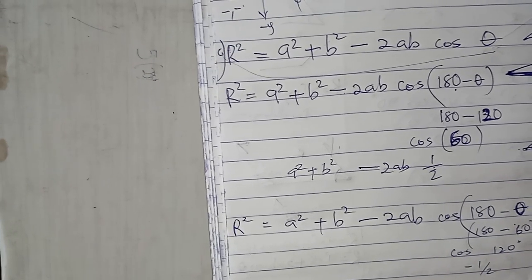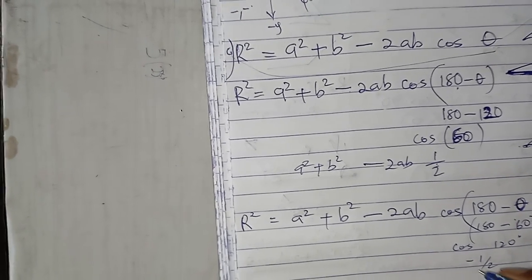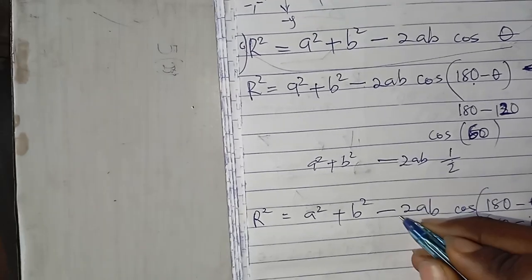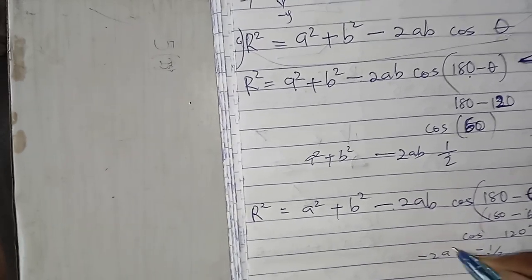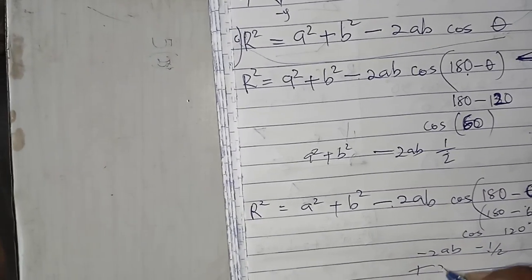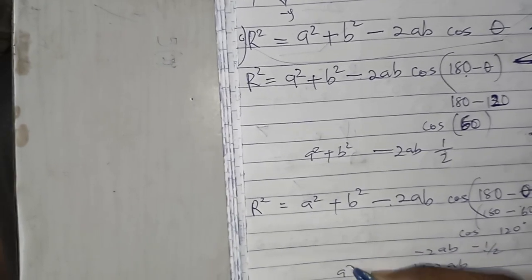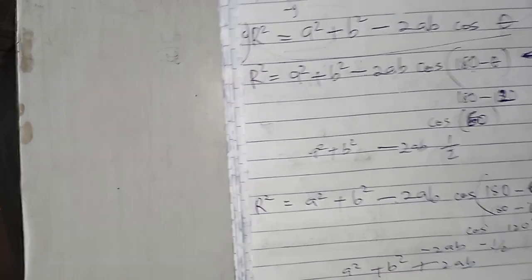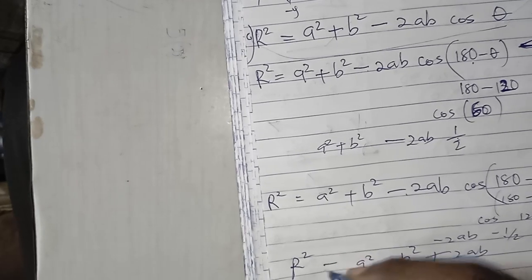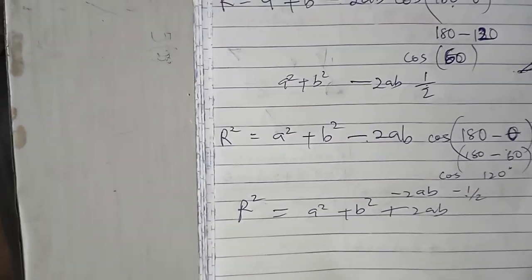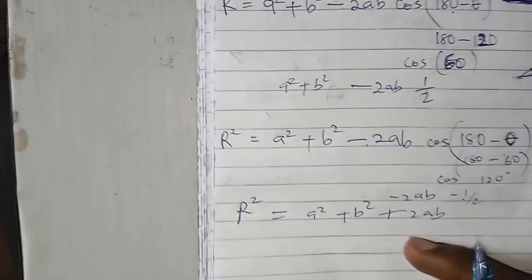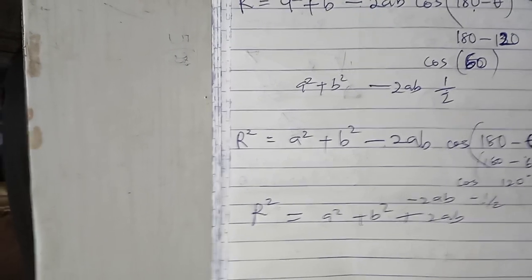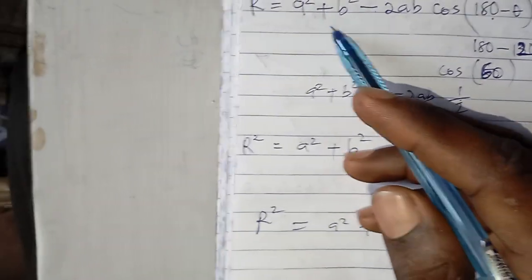Yes, minus half. Now when you do this, minus half times minus 2ab, you are going to get plus 2ab, plus a square plus b square, r square equals. Now notice that this answer you've gotten is also correct, but it is different from this cosine rule.